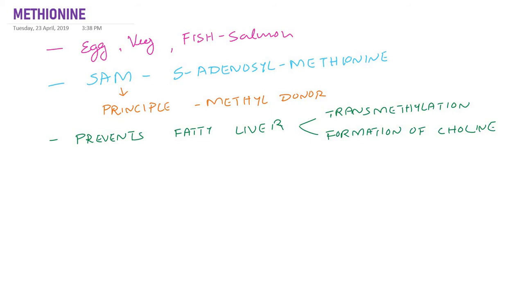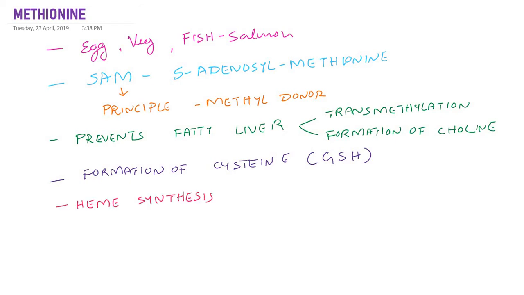From methionine, as we already learnt, cysteine is produced, and from cysteine glutathione is produced. It is an antioxidant. Methionine is also very much essential for heme synthesis. After its metabolism or catabolism, methionine is converted to propionyl CoA, and propionyl CoA is converted to succinyl CoA.